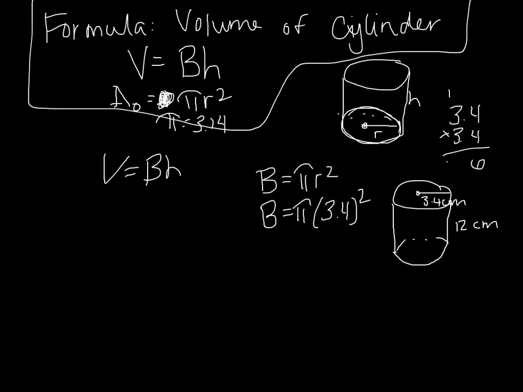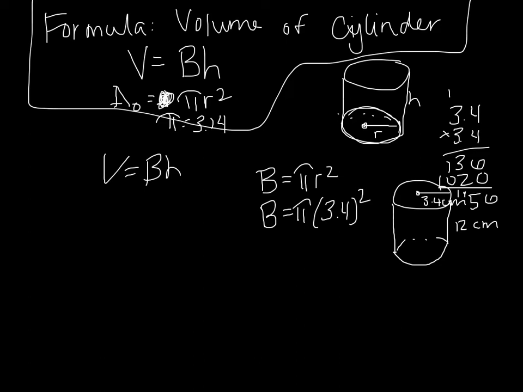16, 12, 13. Add my 0. 12, 9, 10. So I'd get a 6, a 5, and a 1, 1.